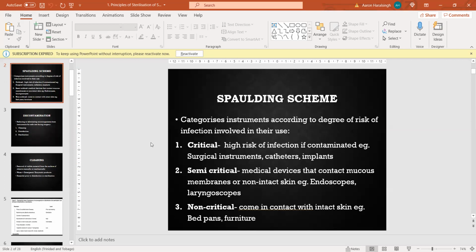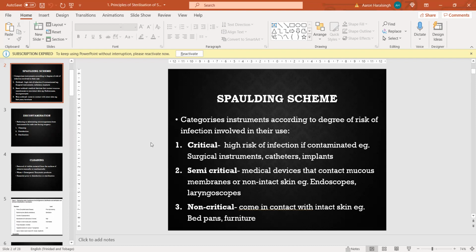So when we approach this topic, it's very important to keep in mind the Spaulding scheme. The Spaulding scheme is a classification of instruments based on the degree of risk of infection involved with their use. These instruments could be classified as critical, semi-critical, or non-critical instruments.